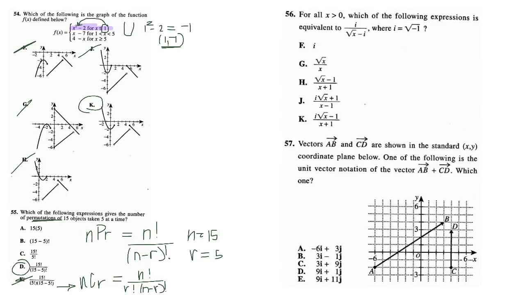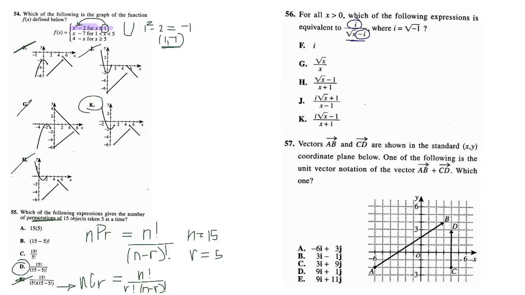Okay, moving on. For 56, this is really a heavy algebra problem. For all x's greater than 0, which of the following expressions would be equivalent to this? With i, a lot of times students try to cancel, and you end up with a mess.